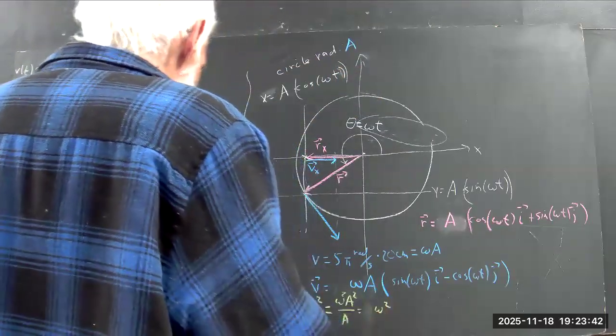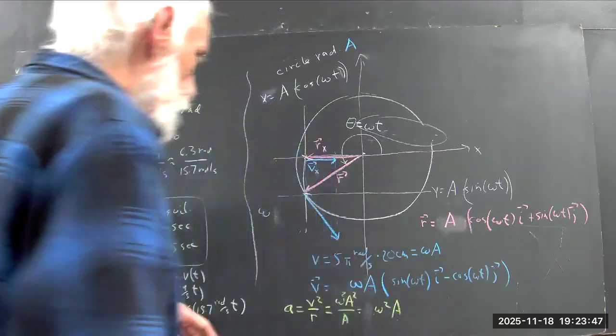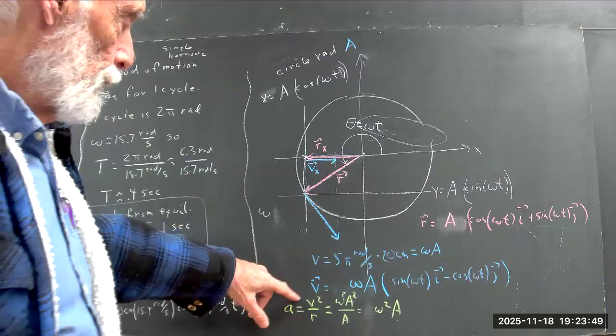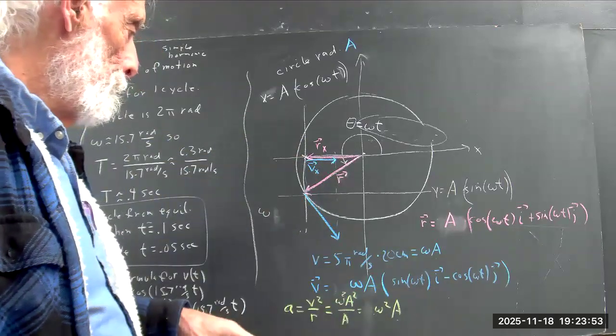Okay, so the speed of the particle in the circle is omega A.